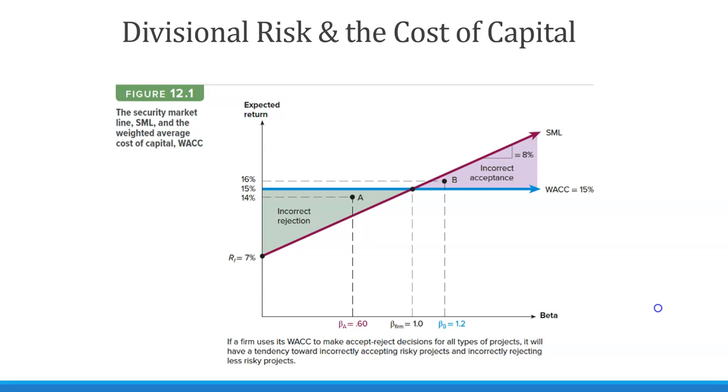So even though those internal rates of return fall under our weighted average cost of capital, if they're less risky projects, we could still have positive returns on them. So we need to adjust our weighted average cost of capital for risk.